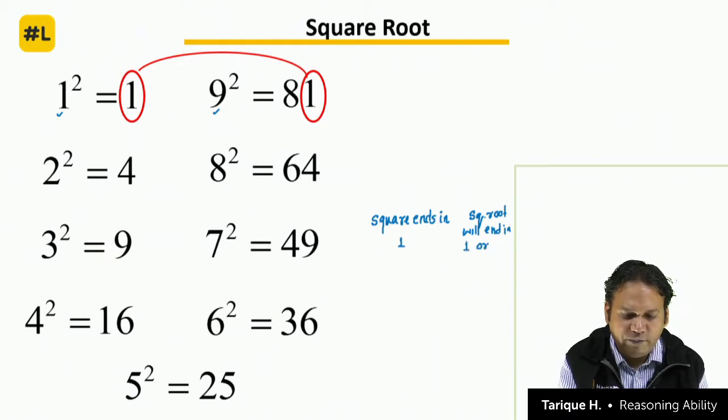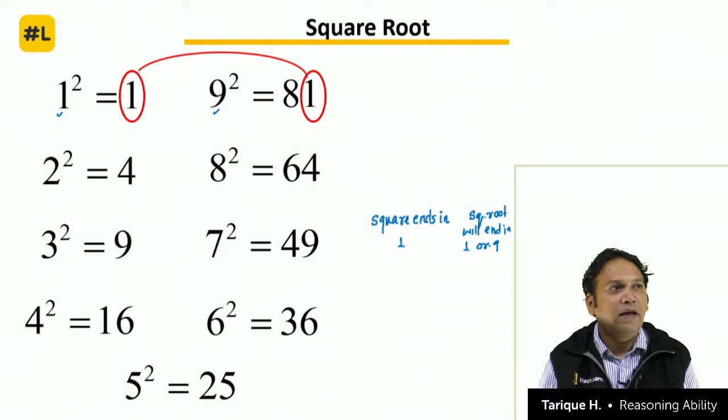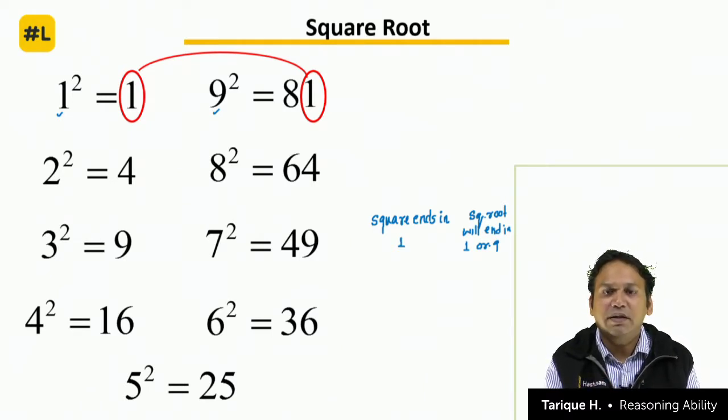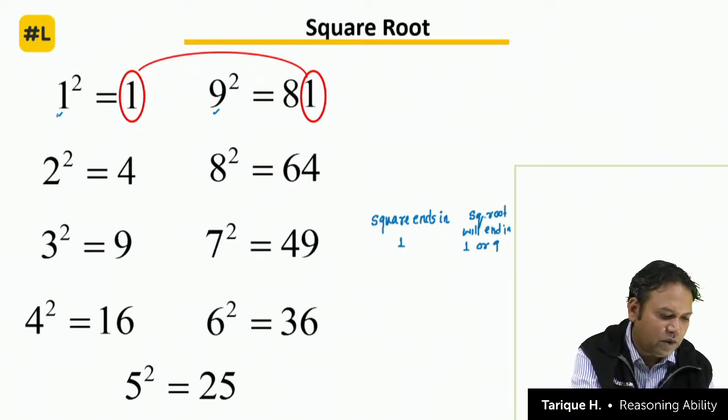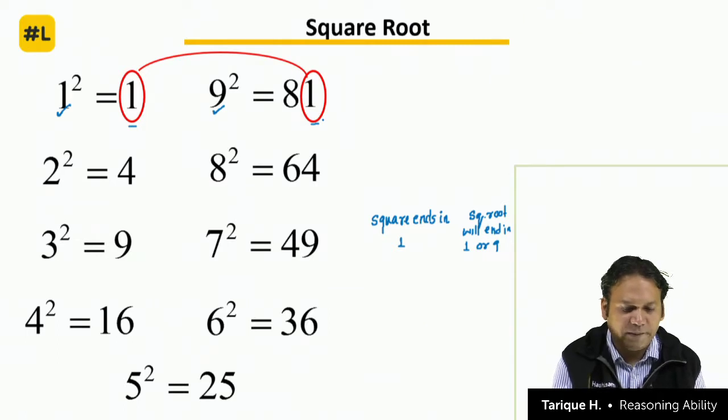This is why we have put them as a pair. If the square ends in 1, the square root will end in 1 or 9, clear?